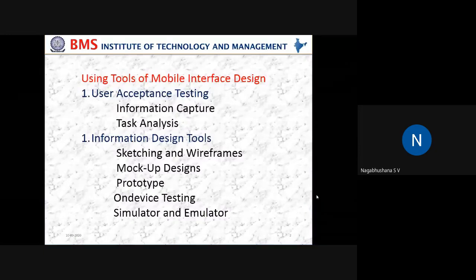Standard user acceptance testing procedures will apply to all mobile contexts, and testing will continue to monitor the results until the time, budget, and questions run out. See, the basic question is, how do we know when we should stop testing? This is a very important question.